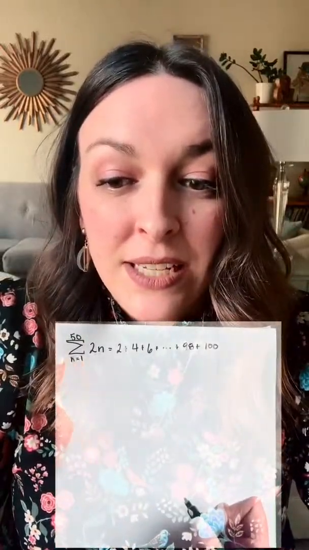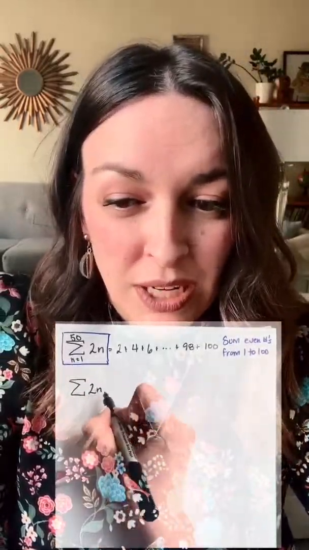That is telling me to start at 1, so 2 times 1 is 2, and then keep going up by 1 until you get to 50. So 2 times 2 is 4, 2 times 3 is 6, and I just keep going until I'm at 50. So 2 times 49, that's 98, plus 2 times 50 is 100. So this is telling me to sum all the even numbers from 1 to 100.